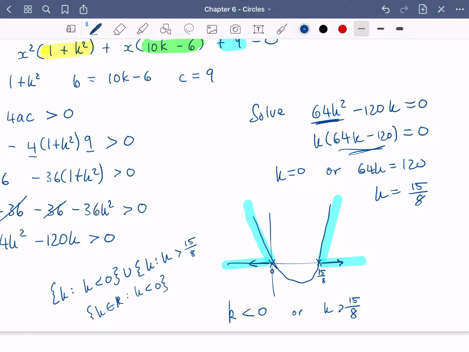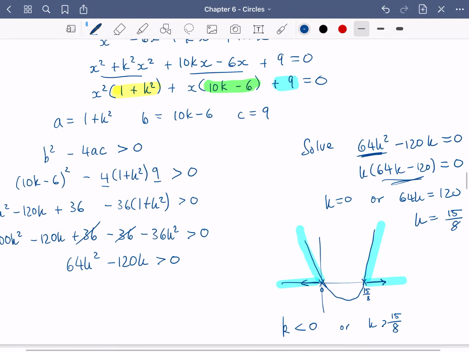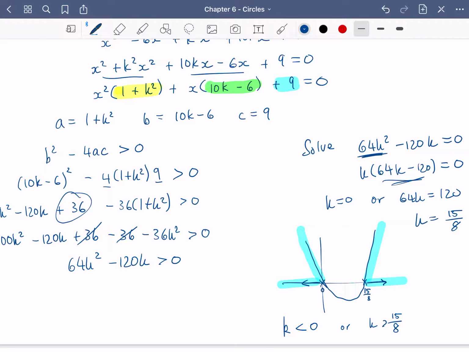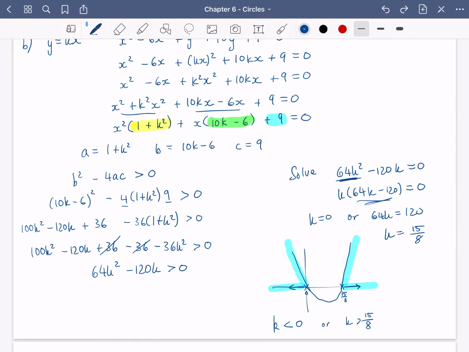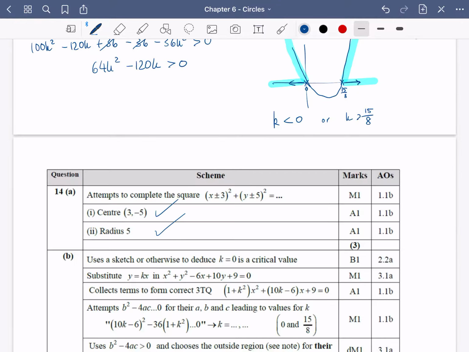I think that's probably how we did that before. But that's set notation in case they ask for it to be in set notation. But in this case, they didn't, so it's perfectly fine to give it just like this. Hope you didn't make the mistake like I did with forgetting the plus 36. Let's just check on the mark scheme. So we got the correct center and the correct radius, and we've got k is less than 0, or k is greater than 15 over 8.